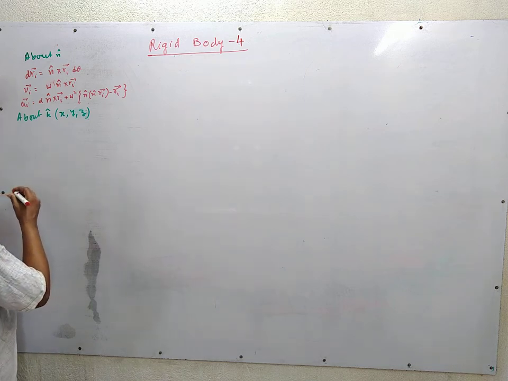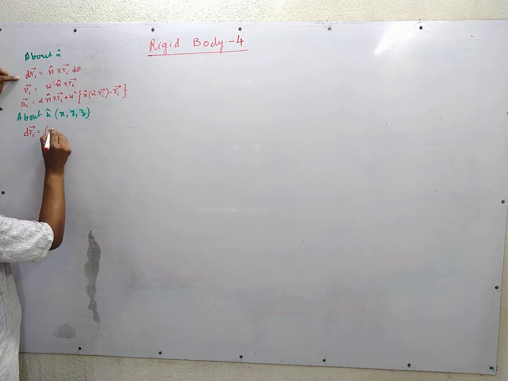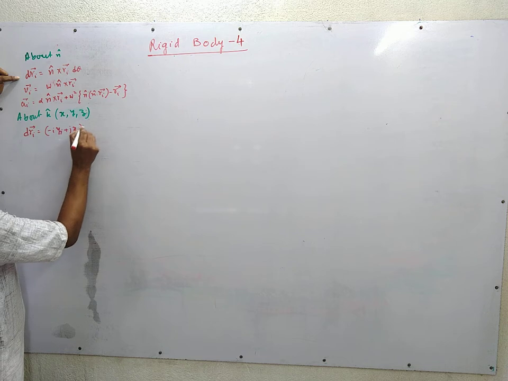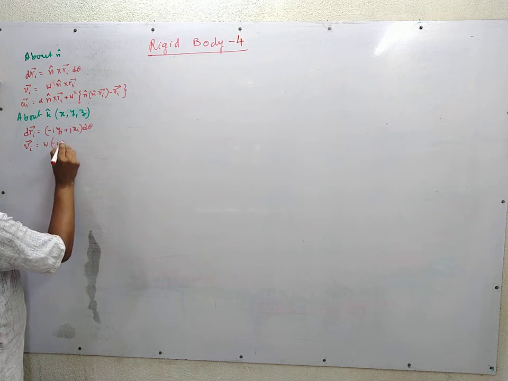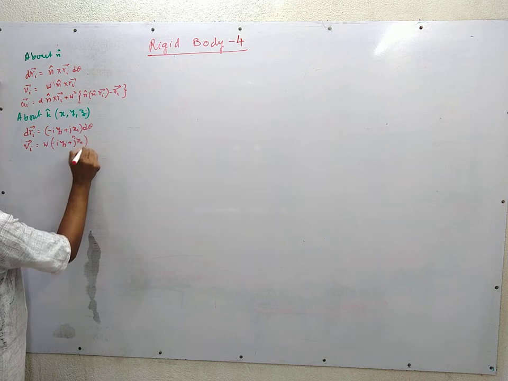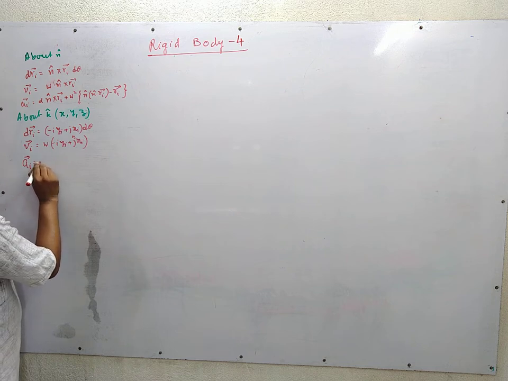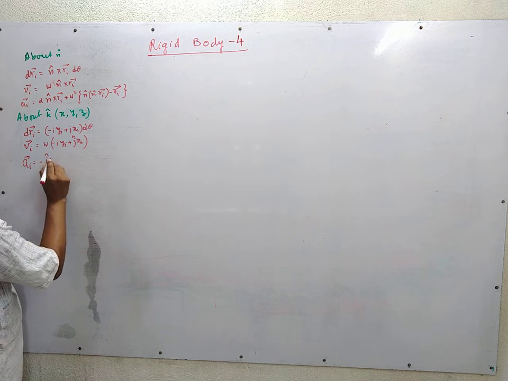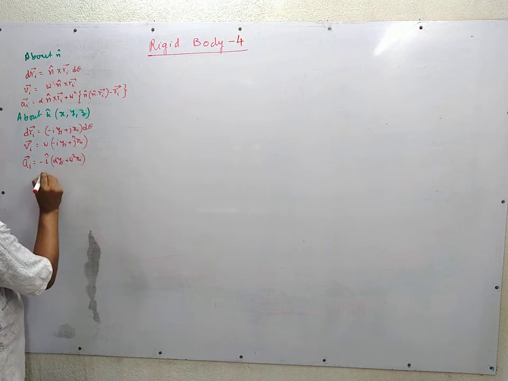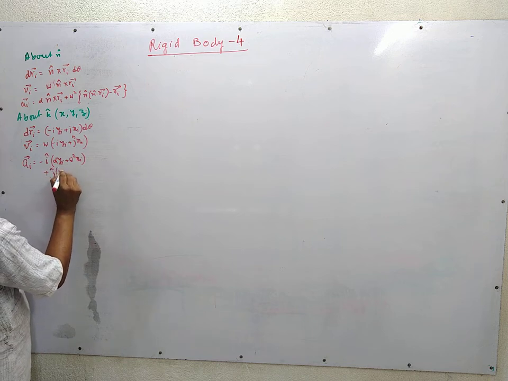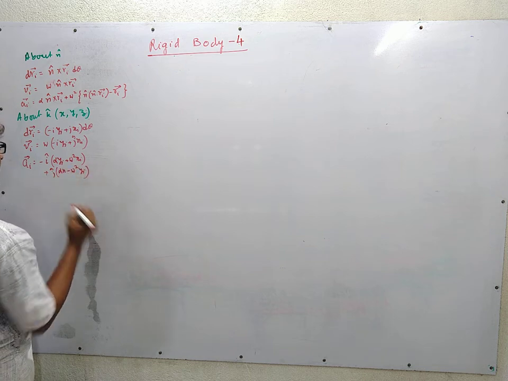So we will confine ourselves to the Cartesian system, in which case dr becomes minus i cap yi plus j cap xi d theta, vi becomes omega times minus i cap yi plus j cap xi, and acceleration A is minus i cap (alpha yi plus omega square xi) plus j cap (alpha xi minus omega square yi).